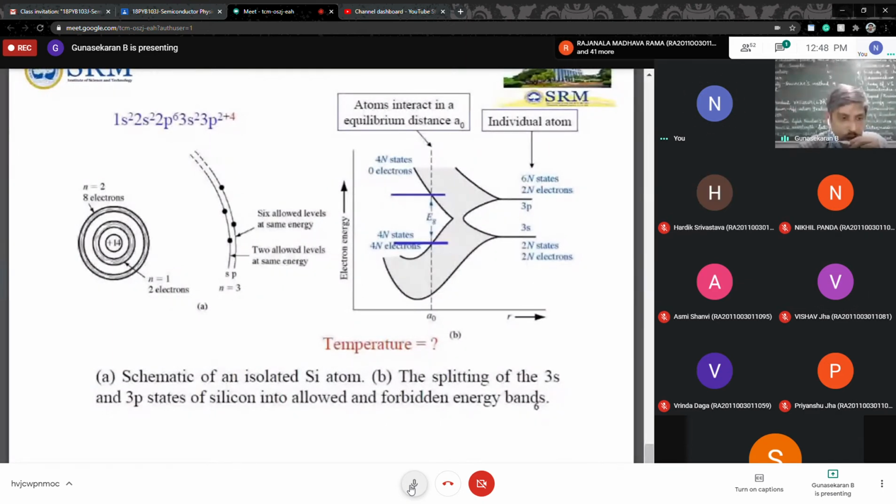After doping silicon or germanium with either a pentavalent or trivalent impurity, you get an N-type or p-type semiconductor. How does that formation take place? Simply, this is the valence band and this is the conduction band. Now as you add more doping, the energy gap decreases slowly.